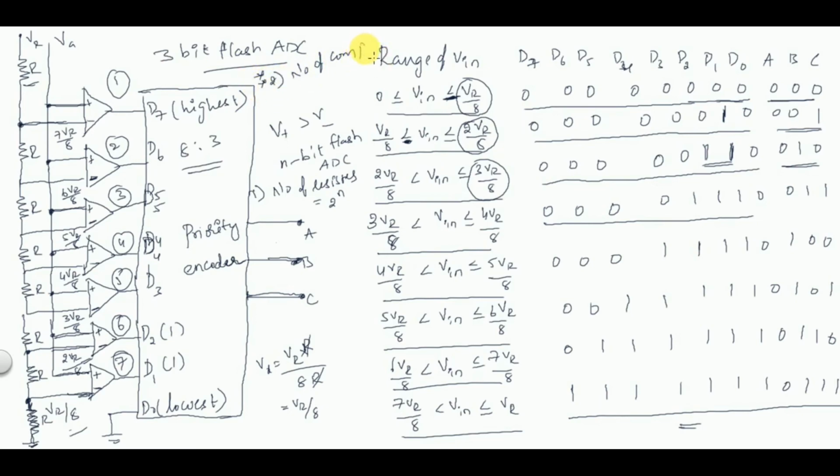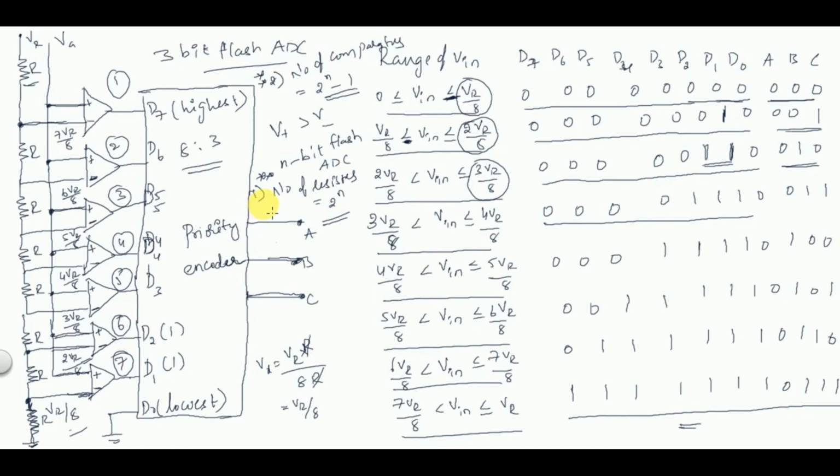The number of comparators required in n-bit flash ADC is 2 power n minus 1. So for 3-bit flash ADC we require 7 comparators, which is 2 power 3 minus 1, 8 minus 1, equal to 7. Remember these 2 points, very important: resistors 2 power n, and comparators 2 power n minus 1.